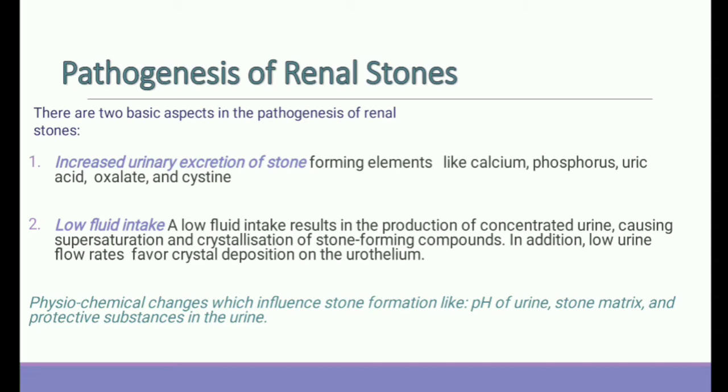A low fluid intake results in the production of concentrated urine, causing supersaturation and crystallization of stone-forming compounds. In addition, low urine flow rate favors crystal deposition on the urothelium. Physiochemical changes also influence stone formation, like pH of urine, stone matrix and protective substances in the urine.